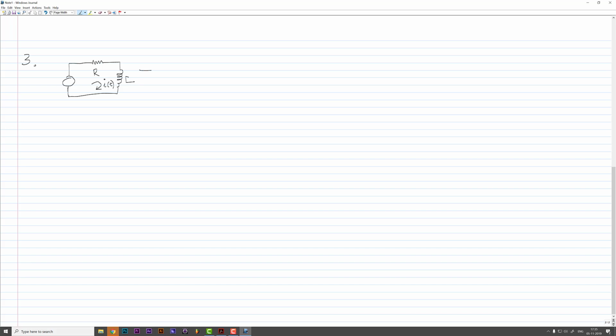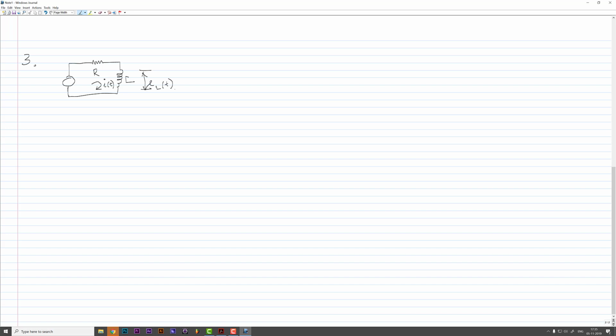The voltage across this inductance is EL of t.